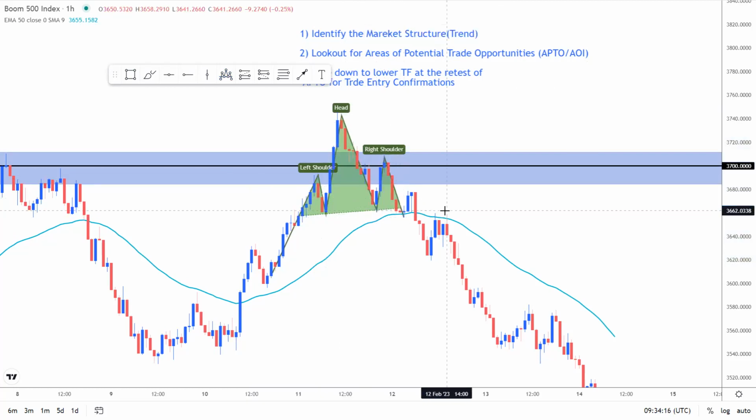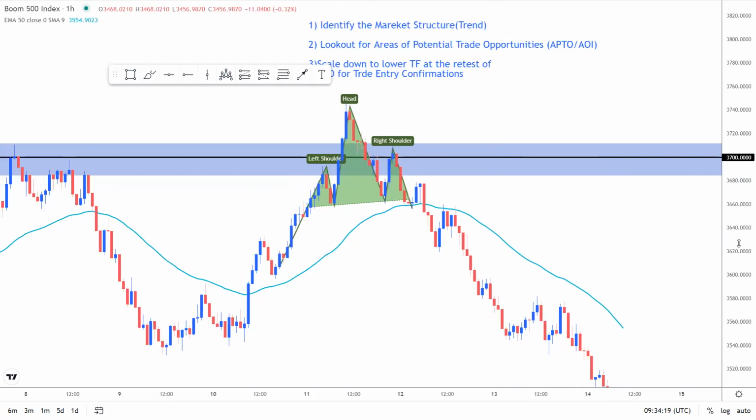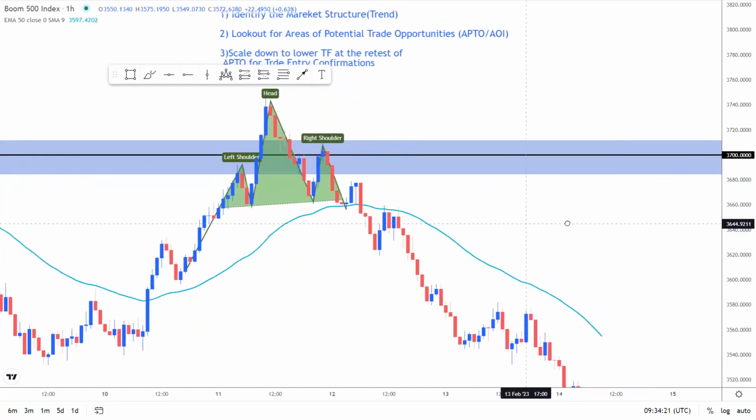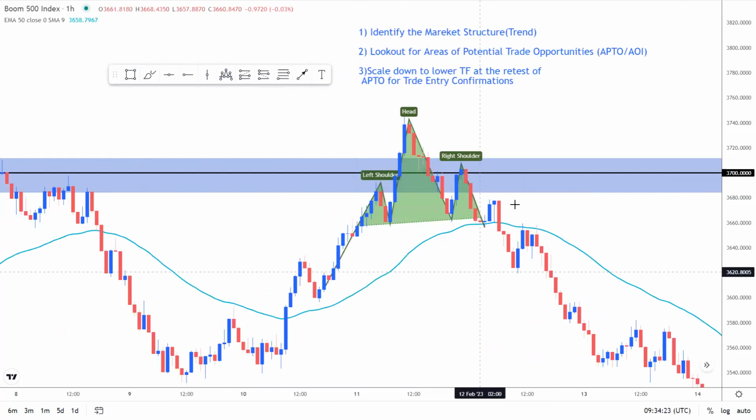If you've been following my previous videos, you know very well that once we get to see reversal chart patterns at key levels, at our areas of potential trade opportunities, our areas of interest, it increases the probability of price going in our anticipated direction. So we clearly had a nice head and shoulders pattern, which is a sell reversal chart pattern.